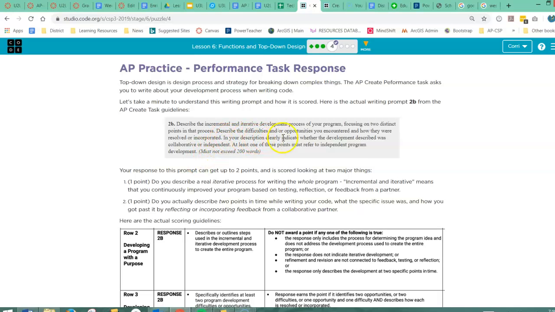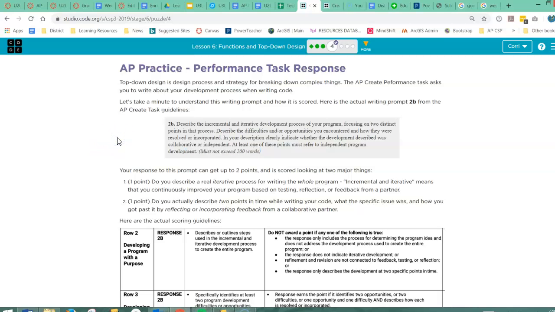Describe the difficulties and/or opportunities you encountered and how they were resolved or incorporated. In your description, clearly indicate whether the development described was collaborative or independent. At least one of these points must refer to independent program development.